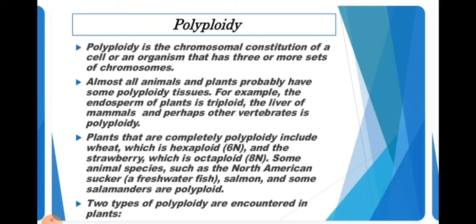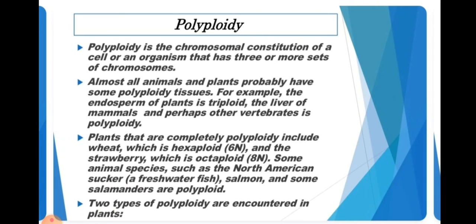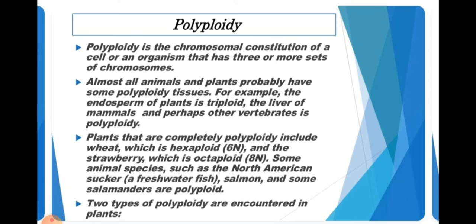Polyploidy: polyploidy is the chromosomal constitution of a cell or an organism that has three or more sets of chromosomes. Almost all animals and plants probably have some polyploid tissues. For example, the endosperm of the plant is triploid. The liver of mammals and perhaps other vertebrates is polyploid.